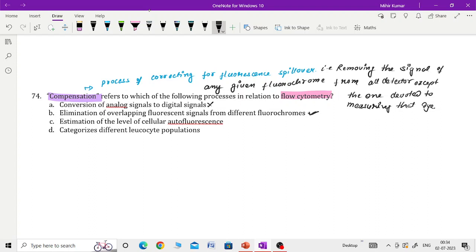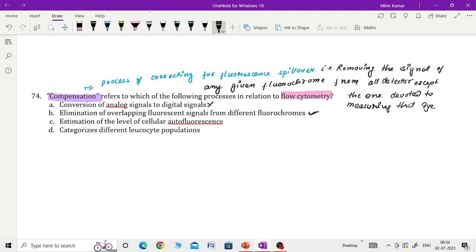Means the signals overlap when we saw the result. So the compensation is just removing this overlap signal, and they just take the one signal which is detected by the one detector which is devoted to measuring that fluorochrome for that dye.